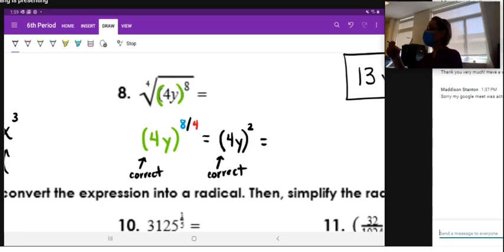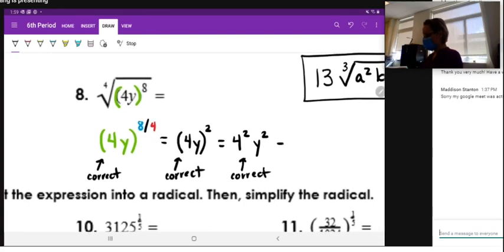So we can distribute that exponent in through the parentheses and write it as 4 squared y squared. And that's correct too. This is a totally acceptable way to write your answer. But we could write it one more step simpler. What's 4 squared? 4 times 4? 16. So we could write our answer as 16y squared.